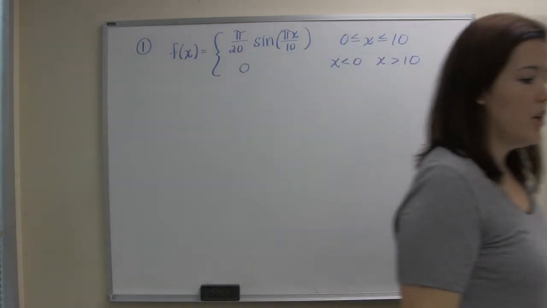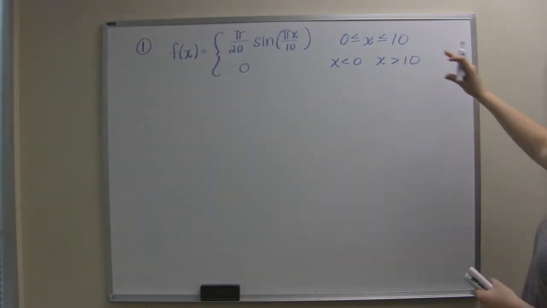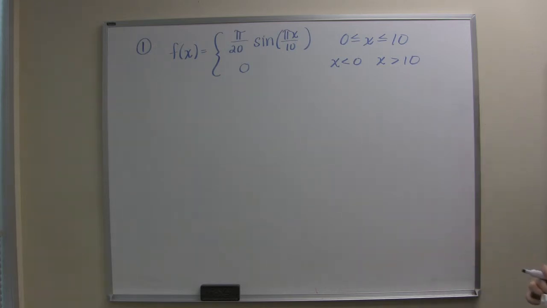So we've got something occurring here with an interesting shape when x is between 0 and 10, and then nothing occurring when x is less than 0 or x is greater than 10. And so this problem is asking us to compute the mean.